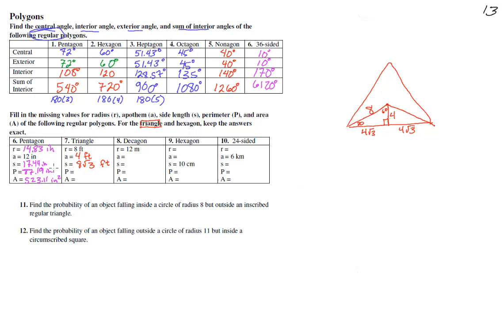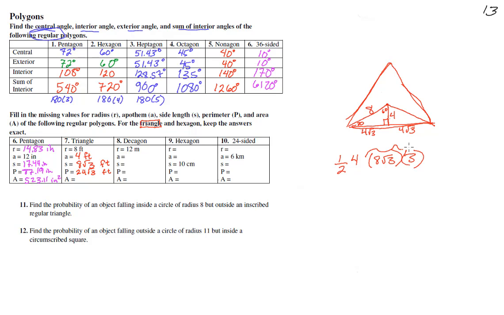Good. So the perimeter, we take 8 square roots of 3 times 3, and we get 24 square roots of 3 feet. So again, finding the area of the whole thing, if we did 1/2 times the height, 4, times the base, 8 square roots of 3, times the number of sides, 3.